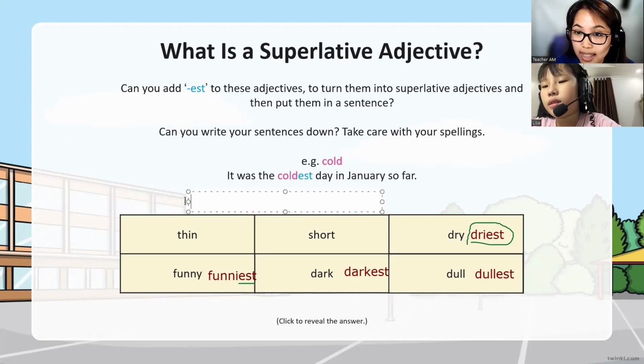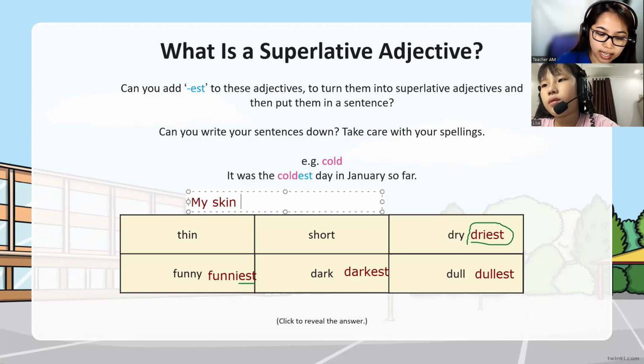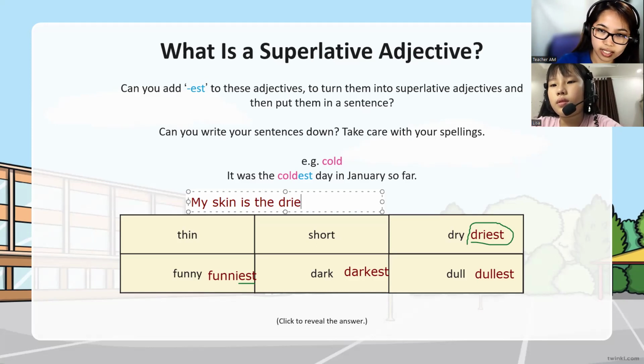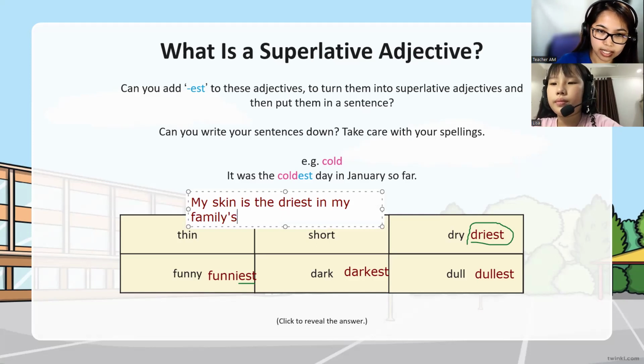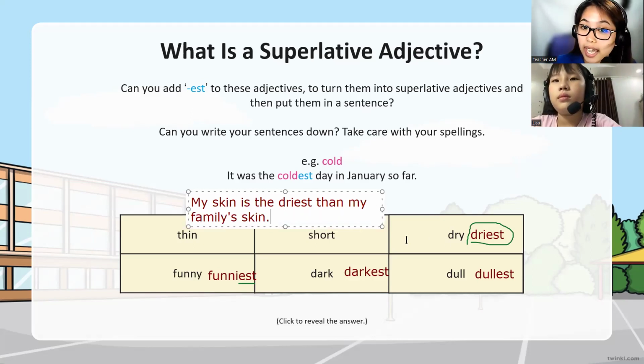Actually, the structure of your sentence is correct when it comes to grammar. But when we say dry, that means the absence of liquid or the absence of water. So maybe you can say, my skin is the driest in my family.